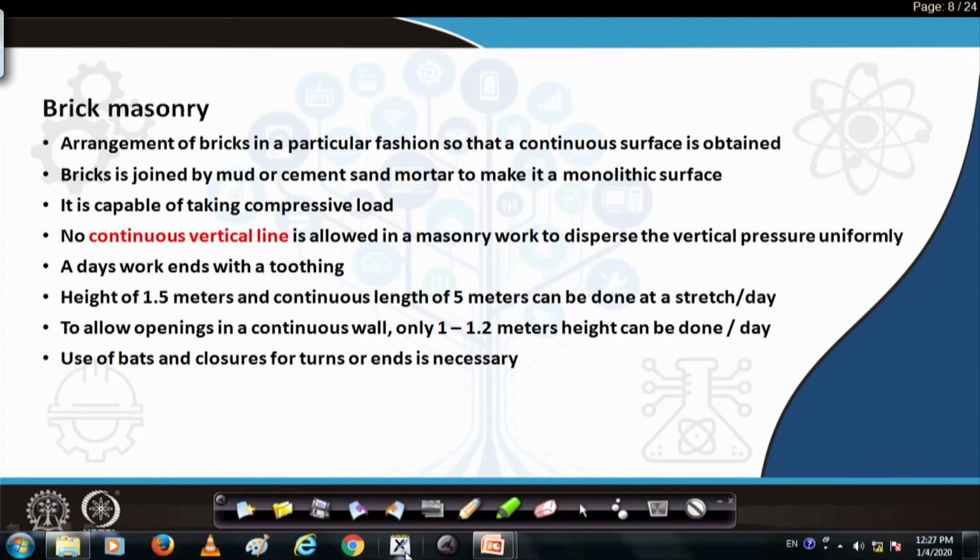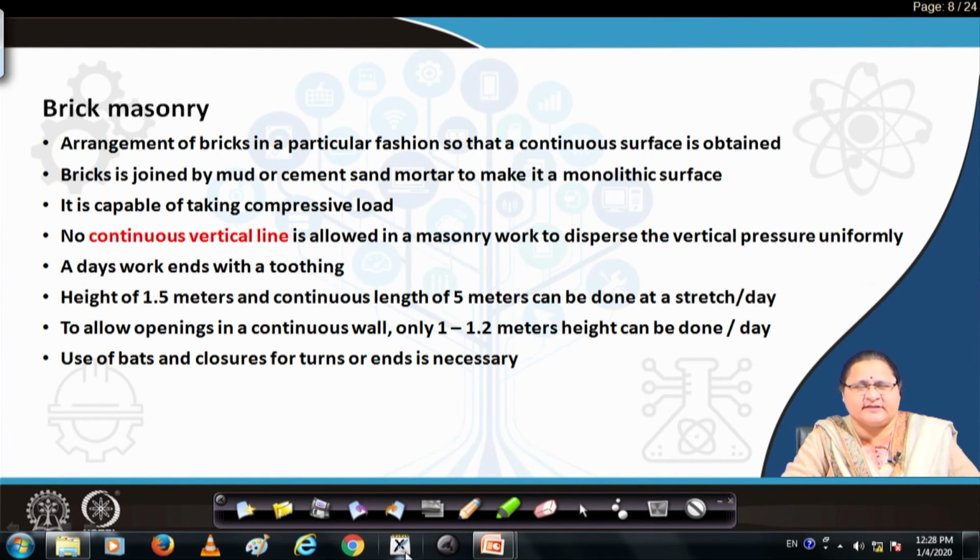So, these bats and closures, as you see the last point, help for turning or ending of a wall, and you must remember the key points which are to be followed when we are doing brick masonry.